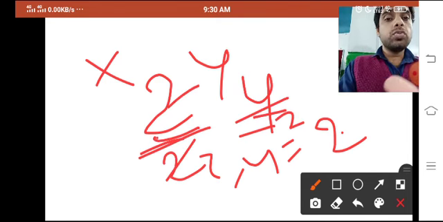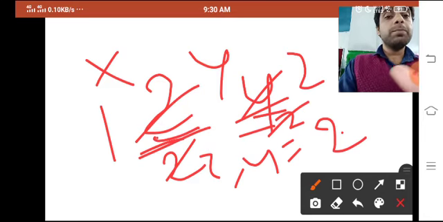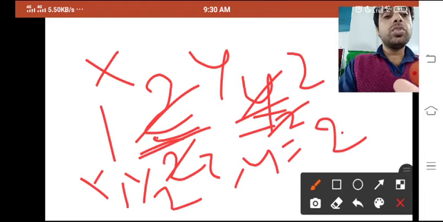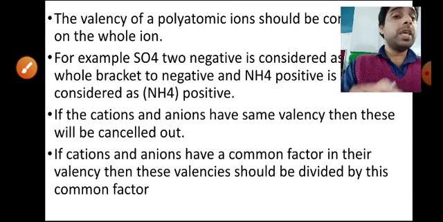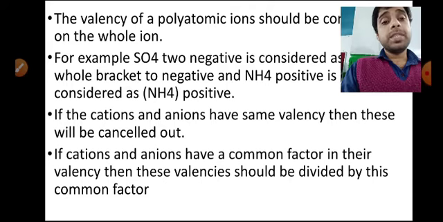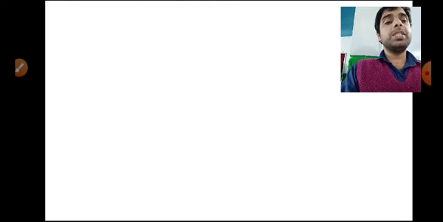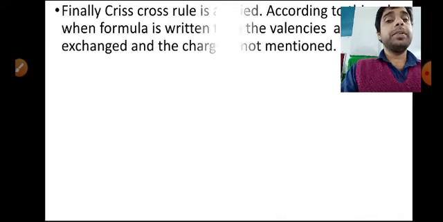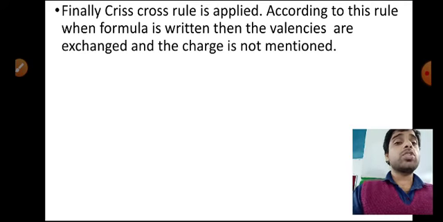So 2 divided by 2 is 1, 4 divided by 2 is 2, and the resultant is X1 Y2. So you have seen, if there is a common factor, then it should be divided. If cations and anions have a common factor in their valencies, then they should be divided by the common factor. Then finally the crisscross rule is applied.